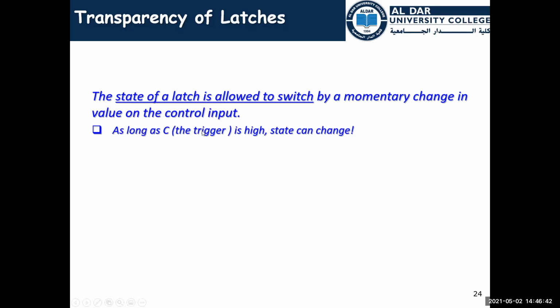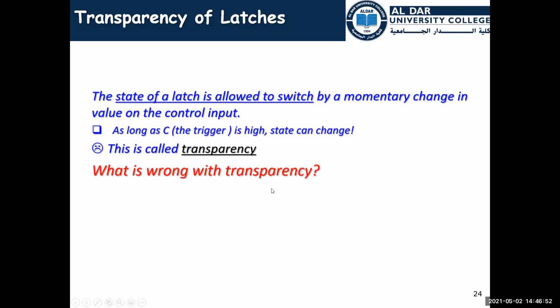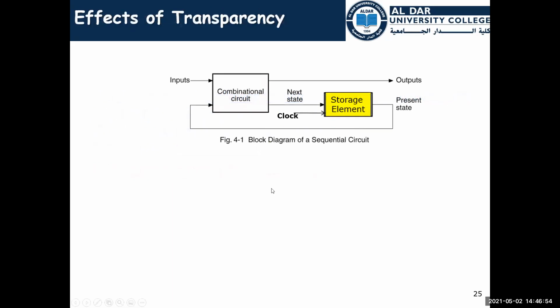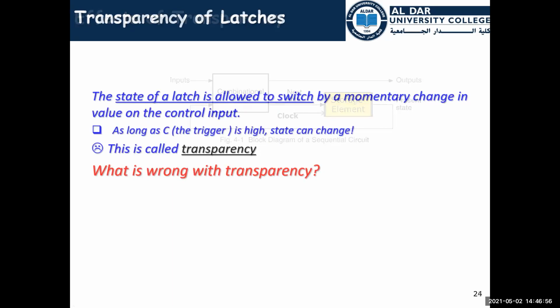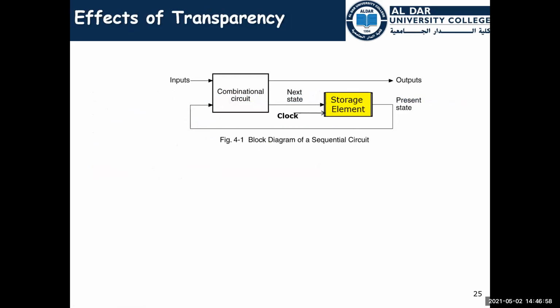As long as C, the trigger, is high, the state can change. This is called transparency. I will show you in detail here.